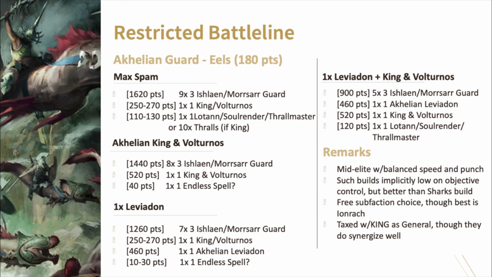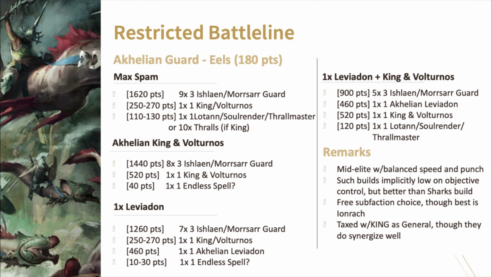So that's going to look like 2,000 points minus at least 250, or 270 if you want Volturnos, divided by the cost of eels at 180. Then you see how many you can fit in, and then you use the remaining points for whatever you want.